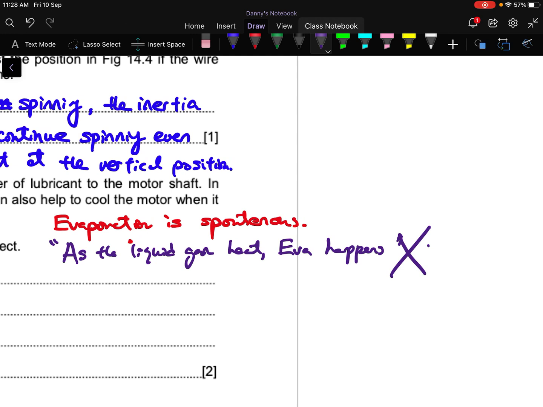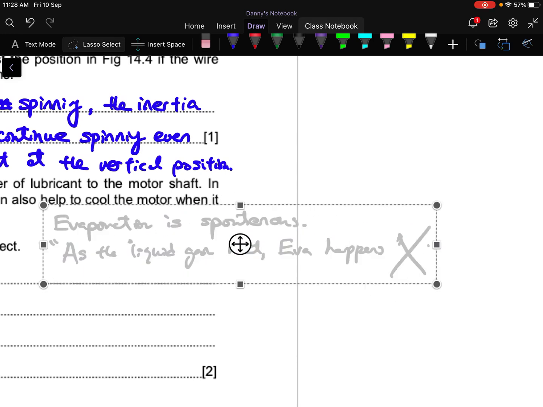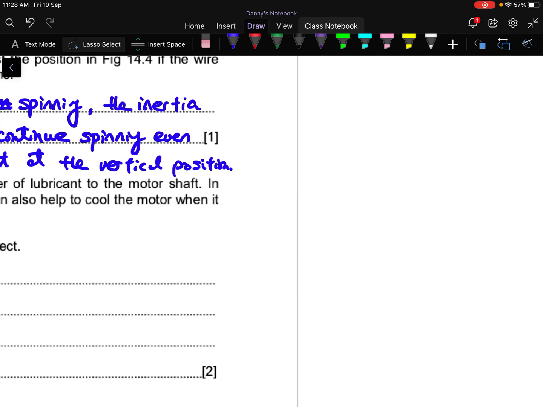In the example I have already shared with you, the evaporation can happen even if the liquid is losing heat. So remember that in your explanation about evaporation, you should never write things like it gains heat, it gains energy. No, it doesn't. It is spontaneous.